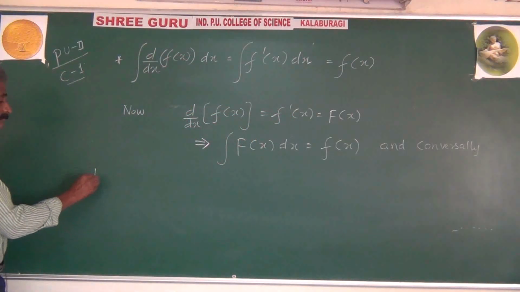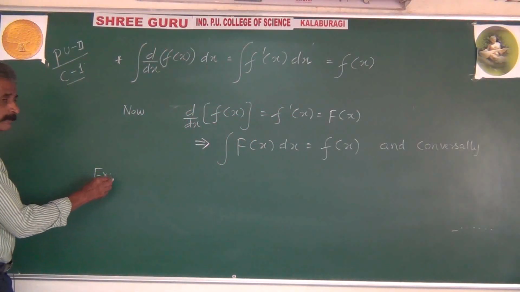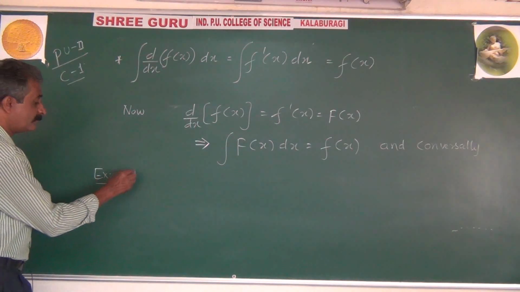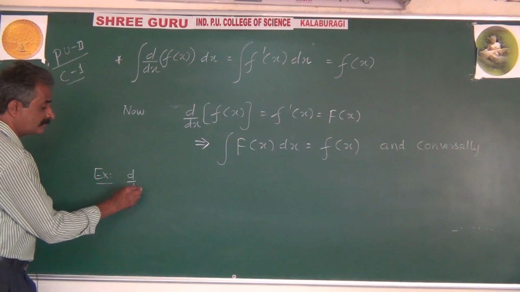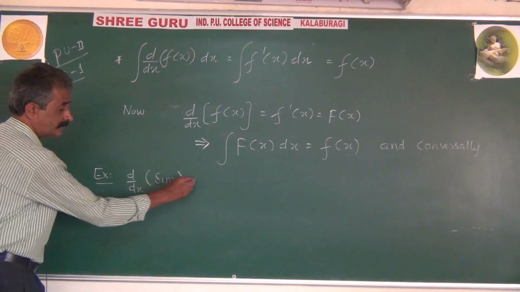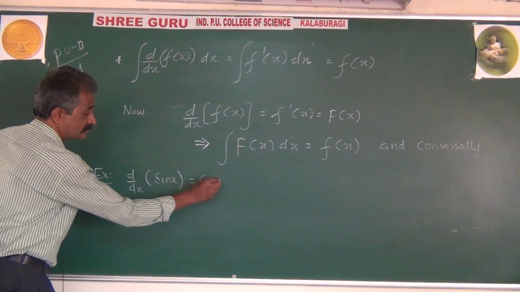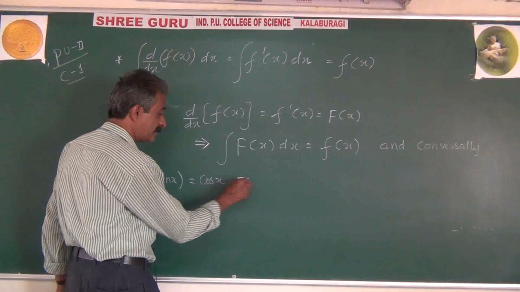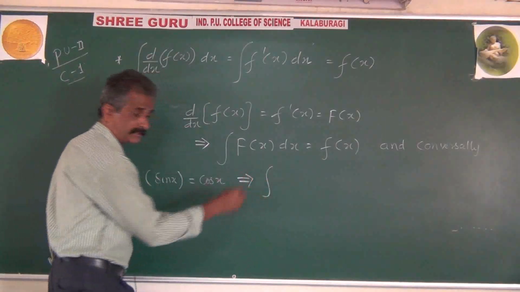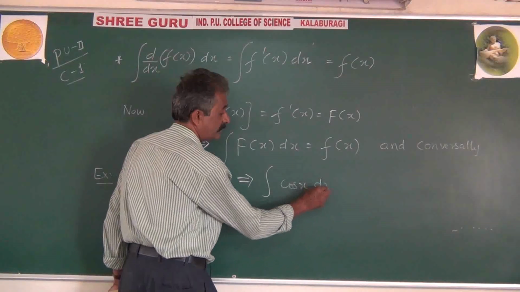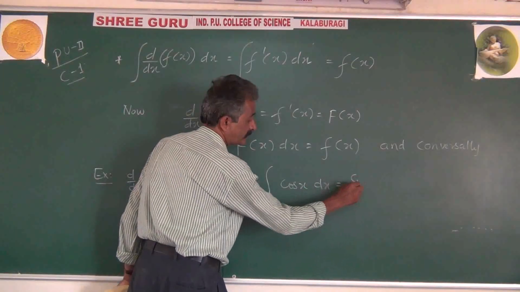You write, for example, before we have formulas on this, the differentiation of sin x is equal to cos x. Now in this topic, reversely, it implies that the integration of cos x with respect to x will be equal to sin x.